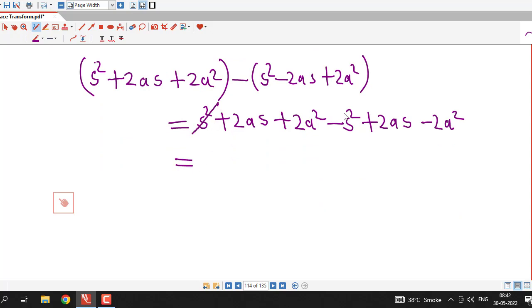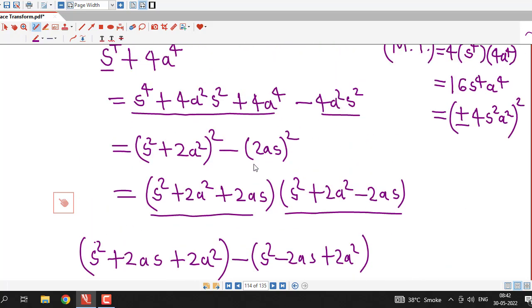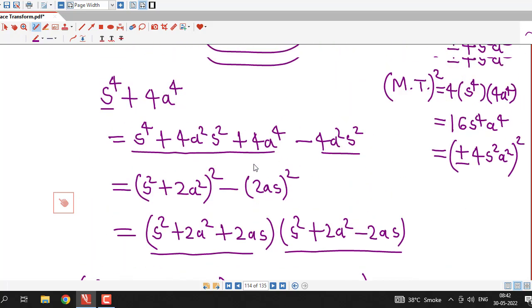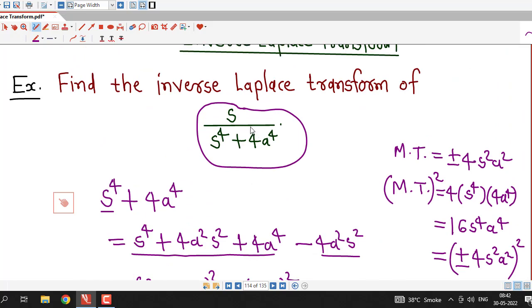S square will cancel out, 2a square will also get cancelled, and we have 2 times 2as, that is 4 times a into s. So this difference is 4 times a into s, and here we have s in the numerator, and that 4a we can set by multiplying by 4a and dividing by 4a.